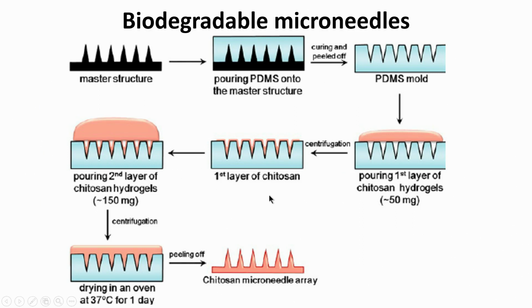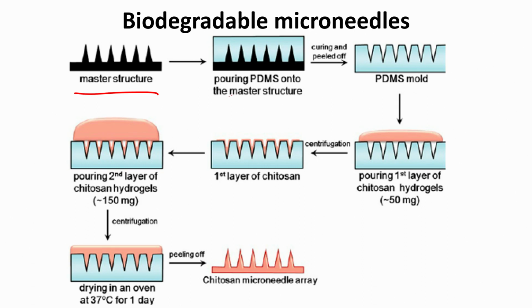So again, these sharps are also a problem and you do not really want to use quite a lot of these titanium and metal based things. So you can also make biodegradable microneedles. You have a master structure, which could be of some metal or some other element.